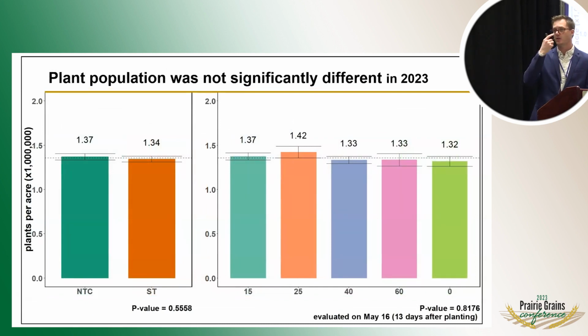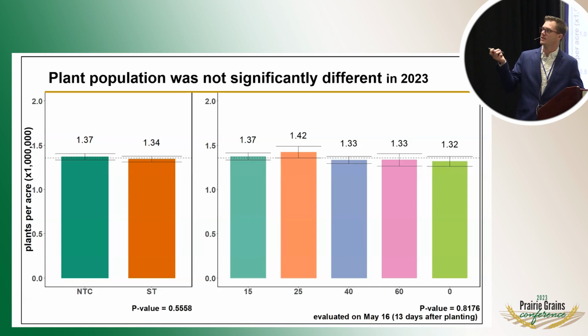So moving on, about 2 weeks after planting, we went out and started doing stand counts. We wanted to see, is there an impact of that seed treatment, or soil moisture? The average was 1.35 million plants per acre, so we hit right on our target there.